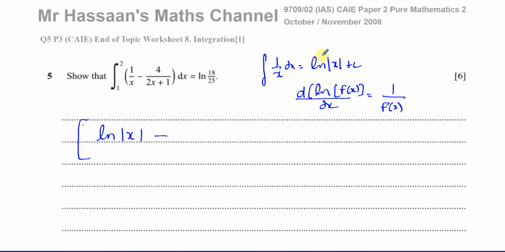I'm now talking about differentiating; I'm doing the other way around. You end up with 1 over that same thing, but then by the chain rule, you have to multiply by the differential of what's inside that function. So I multiply by f dash of x, and I end up with f dash of x over f of x.